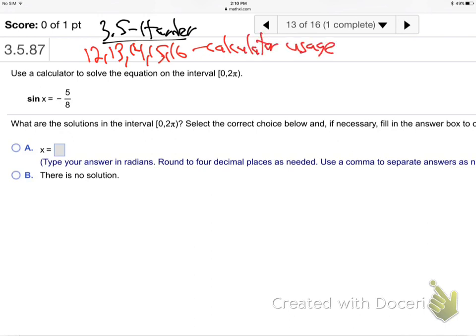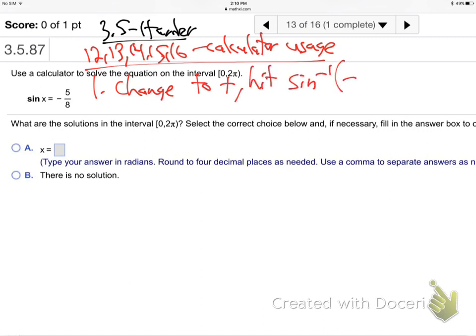And how you do it, the steps. Here, let me erase this. So, here's what you do. Step number 1: change to positive, hit inverse sine of positive 5/8.